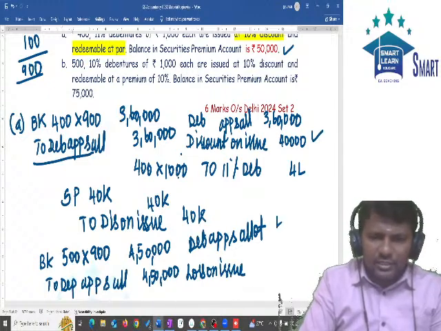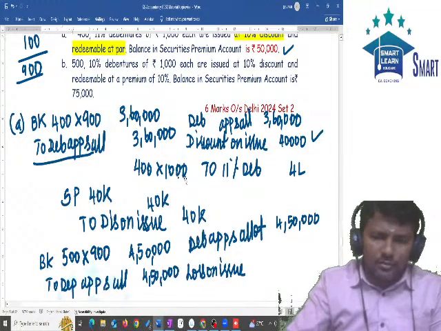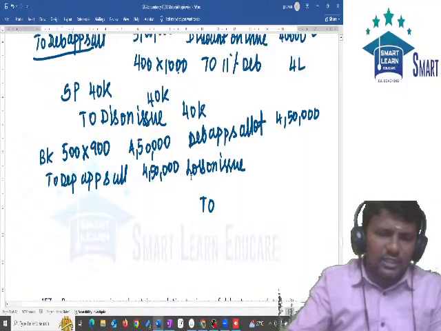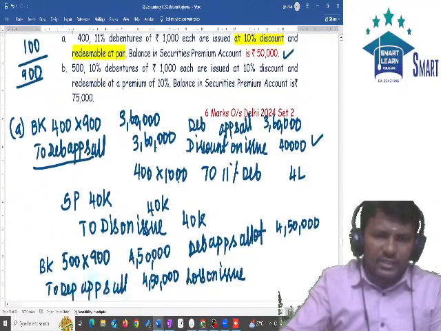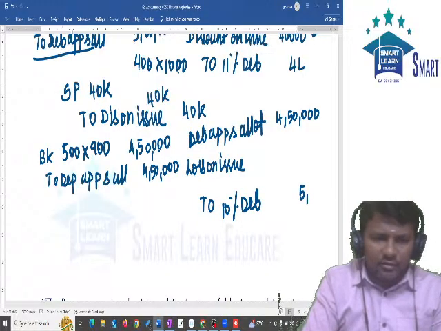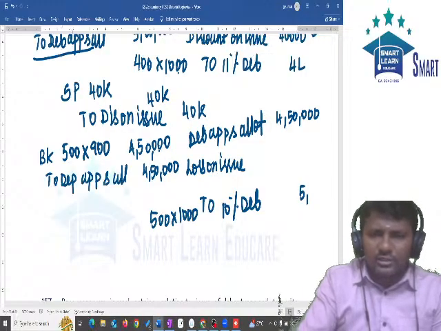Debenture application and allotment is 4 lakh 50. I told you debenture should be credited with face value. What is the rate of interest? 10 percent. To 10 percent debenture, it is 5 lakh, 500 number of debentures into face value 1000.